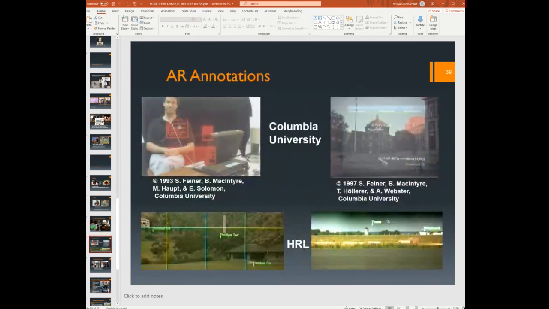Now, next one is annotation. This is quite simple. I think you will see some of these already today. So AR annotation. In this case, for example, the system can annotate the object, or that's where the Philips Towers are. It's just like Google Street View, Google Map, but in 3D. So you should have annotation.